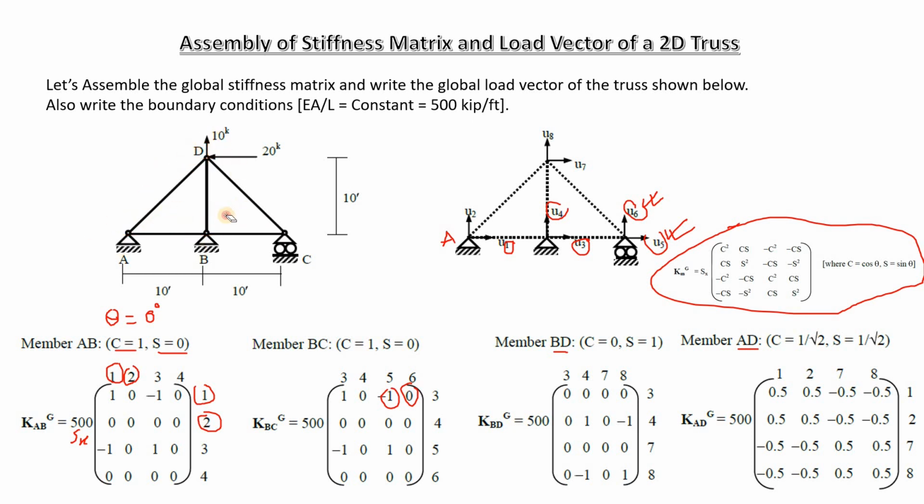So that's 45 degrees, so cos 45 degrees and sin 45 degrees. If we put these values in this formulation, this is what we end up with. This is 1, 2, and 7, 8 because here the horizontal displacement is 1, the vertical displacement is 2, and here the horizontal displacement is 7 and the vertical displacement is 8. So we have 1, 2, 7, 8.